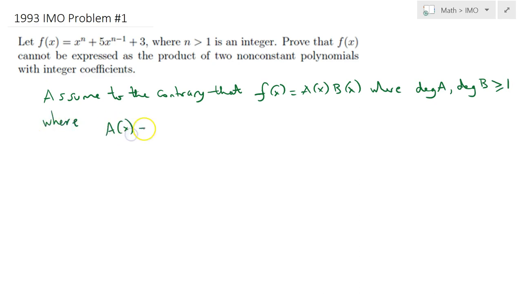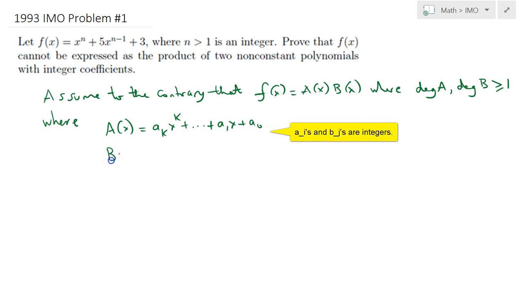Let a of x be a sub k x to the power k, so it's a polynomial of degree k, down to a sub 1 x plus a sub 0. And similarly, let b of x be b sub m x to the m, and so on, down to b sub 1 x plus b sub 0.